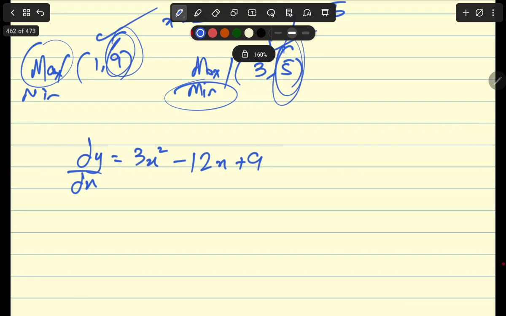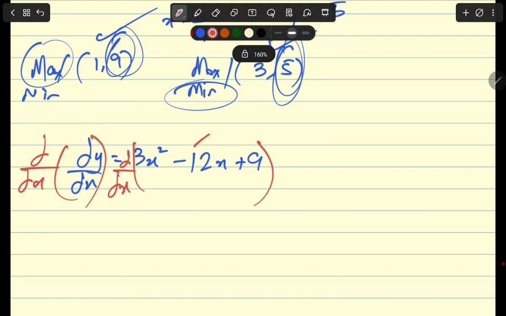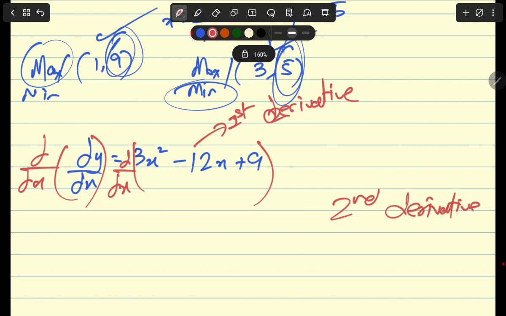Okay, now this is dy by dx, the first derivative. When I apply the differential operator to the derivative again, it's going to give me the second derivative, which helps me find the nature of the turning point. So this becomes d squared y over dx squared, so the denominator has a square over the entire dx.